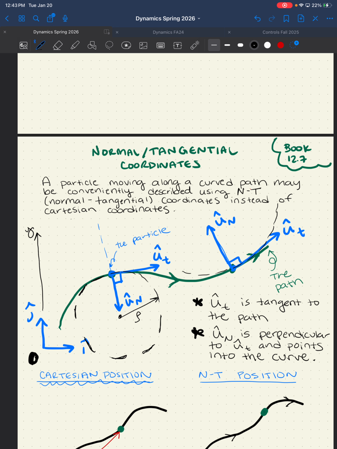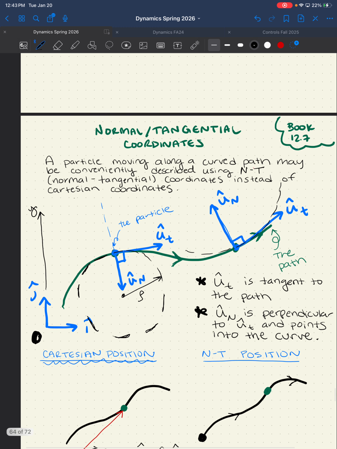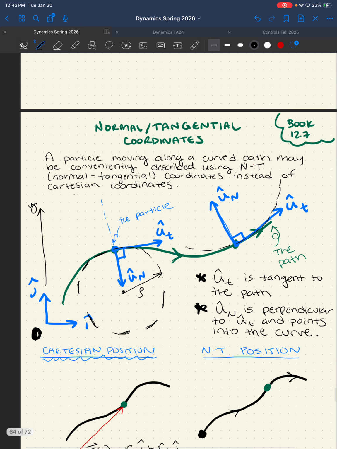Remind me, these coordinate systems are made up of two different things. What is this that I've defined here? It's a certain type of vector. Unit vector? It's a unit vector, yes, absolutely. So you'll notice that I am using this little hat symbol.